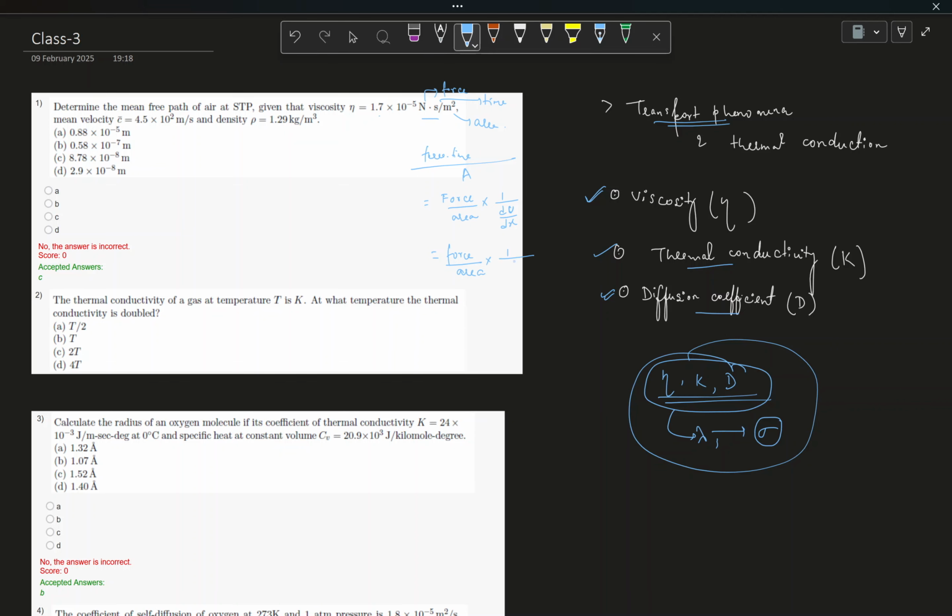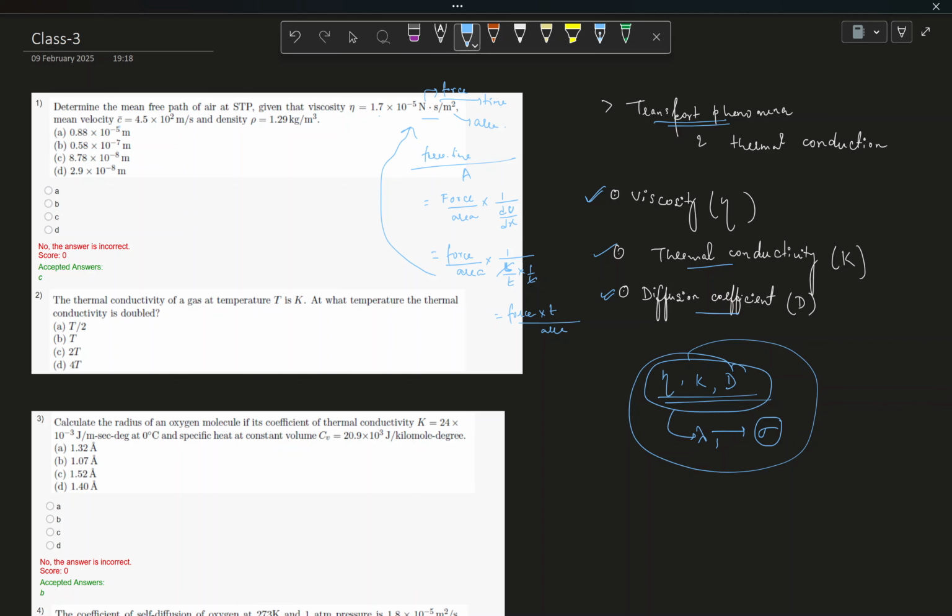Then du dx, if you decompose it, velocity means length per time, and then you have another dx below, so you have 1 by length. So this length dimension actually cancelled out, and you get ultimately force into time per area. So this is what the unit is, this is actually what I suggested viscosity should be. So this is viscosity in SI unit.